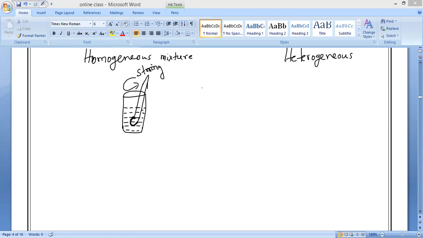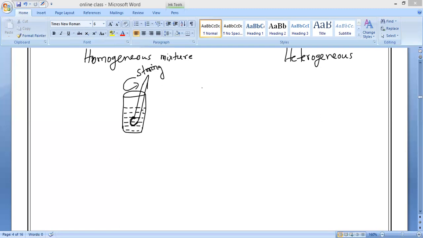So homogeneous mixture means substances mixed together completely and they are indistinguishable from one another, there are no boundaries between the constituents, and they are uniformly distributed, with uniform composition throughout the mass. That is what we call a homogeneous mixture.